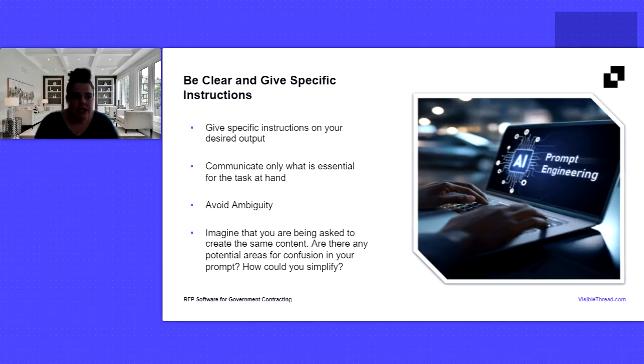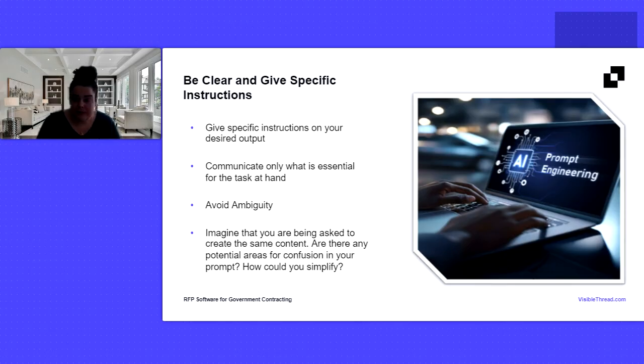Make sure that we're always being clear and giving specific instructions. Whether it is a simple one-off request or a very complex prompt, it can be multidimensional and multifaceted, but we need to make sure that we're clear on what we're asking for, how all that information fits together, and what we want an output to look like.